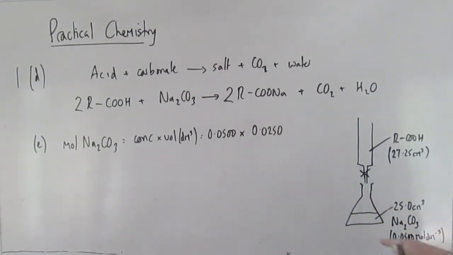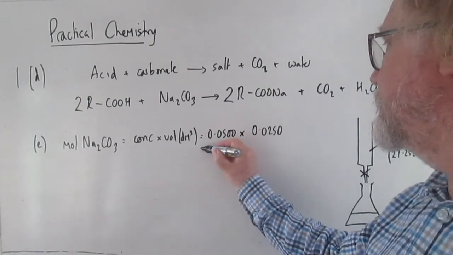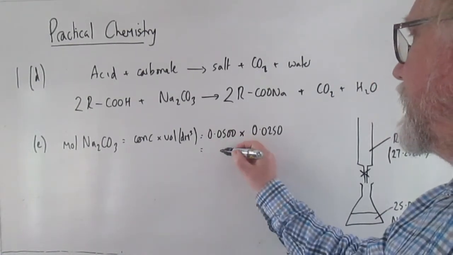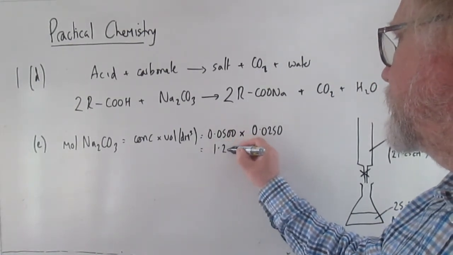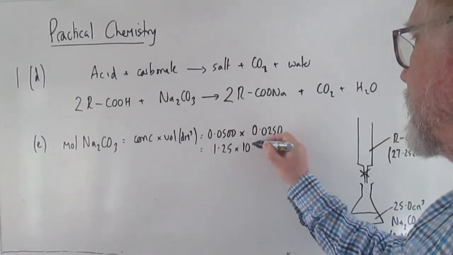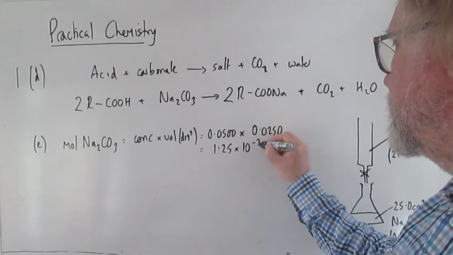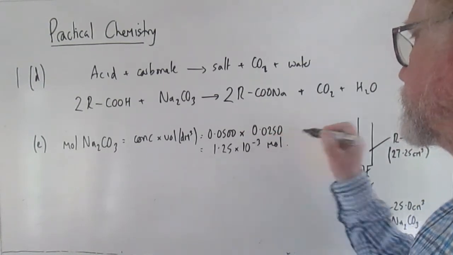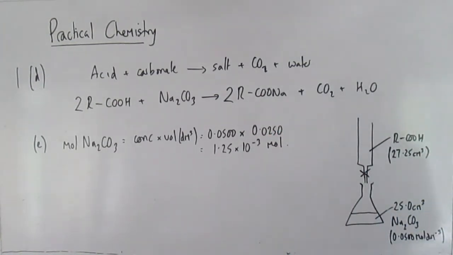Okay, 25.0 cm³ is 0.025 dm³, and that comes to 1.25 times 10 to the minus 3 moles. Okay, 0.00125 moles.